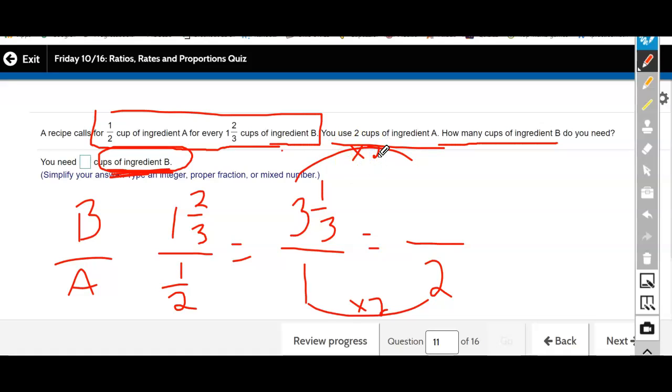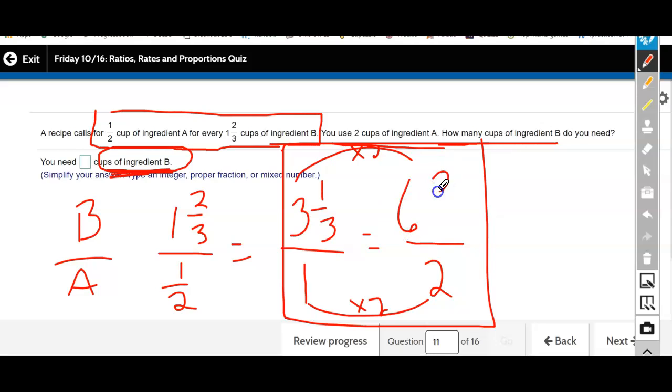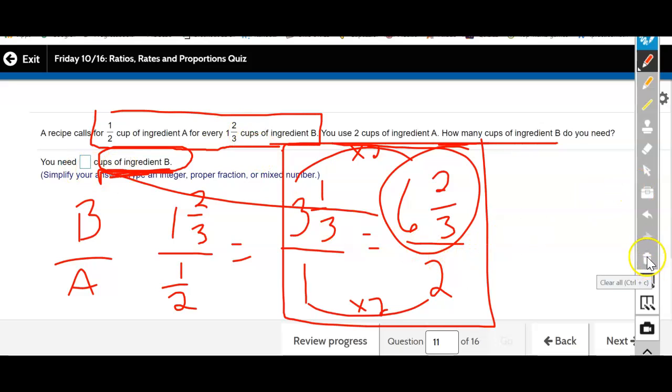Remember, this is what we talked about yesterday, a proportion to equivalent ratios. So we have to figure out what factor we can multiply both the top and the bottom by. And that gives us 6 2/3. That is what we put in the blank right there, just the 6 2/3, because they want to know just how much B will I need. Does that make sense? You remember that?